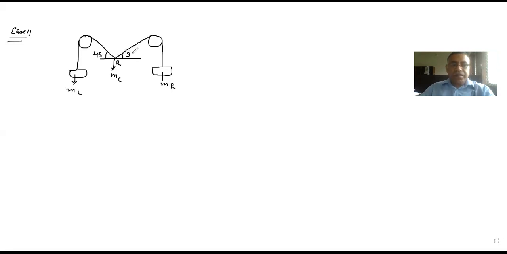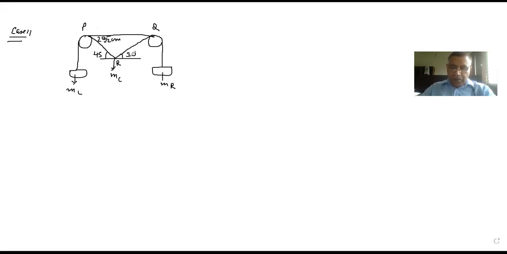This angle is given 30. This length is given 20 under root 2 centimeter. Let it be P. Let it be Q. This is R.